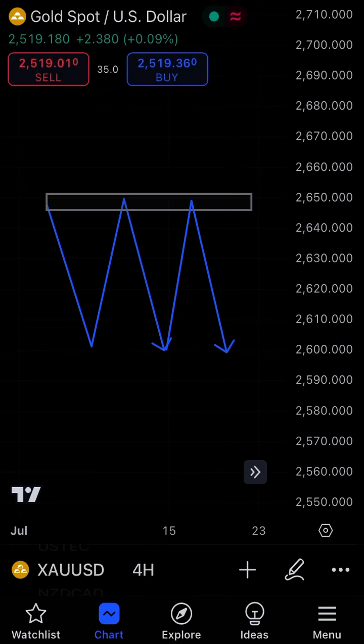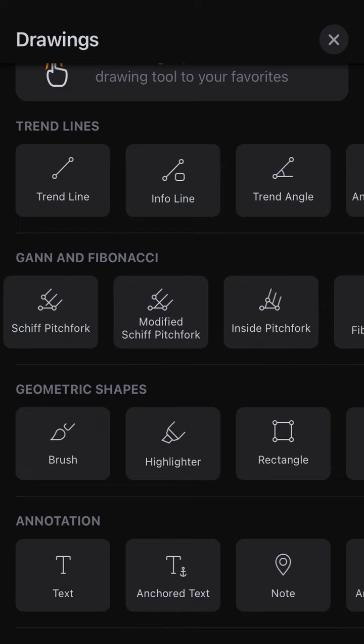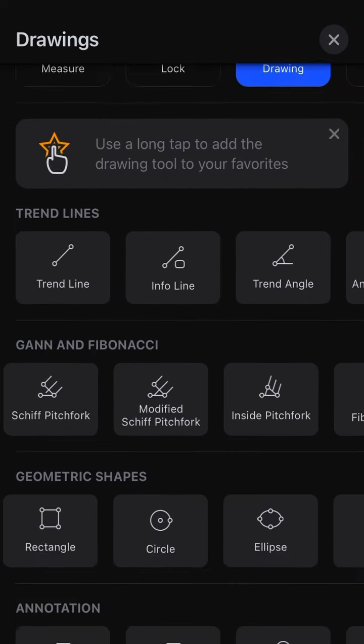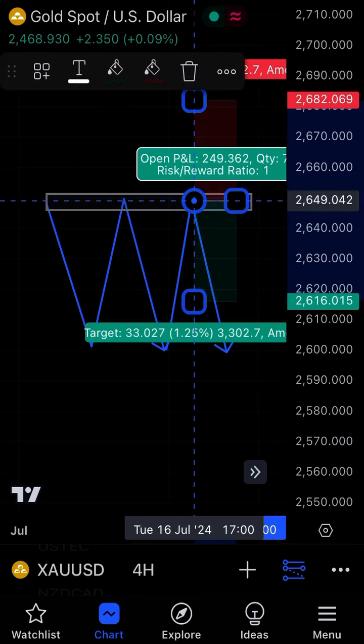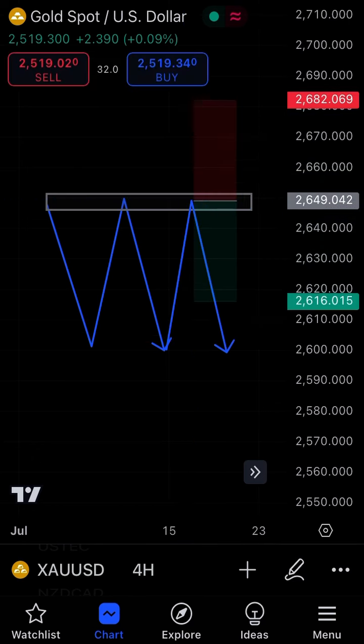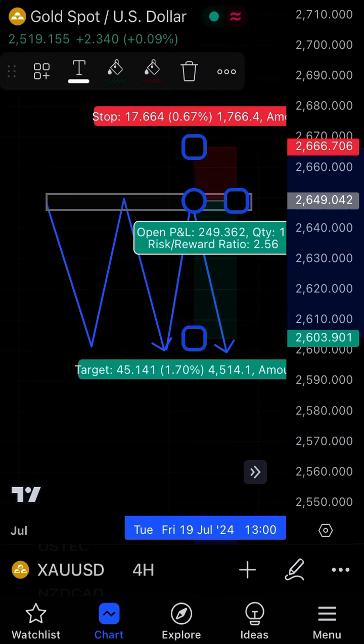Now I said a resistance area or a supply area is a level where price previously sold from. Okay, so price previously sold from, we'll mark it out and then we'll wait for market to come back to that level, and then after confirming the trade, what we have to do, we will enter our sell at the resistance here, and then we will target the support level for take profit.